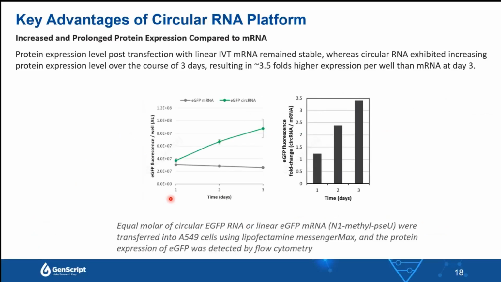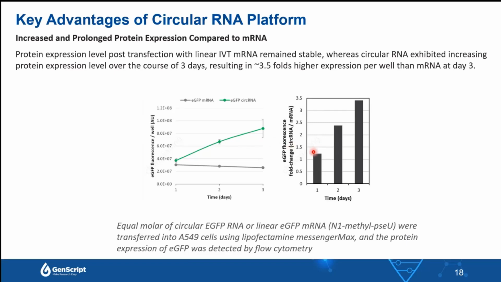And what are the key advantages of the circular RNA platform compared to mRNA? There are 3 advantages. The first one is increased and prolonged protein expression. Here are the results.